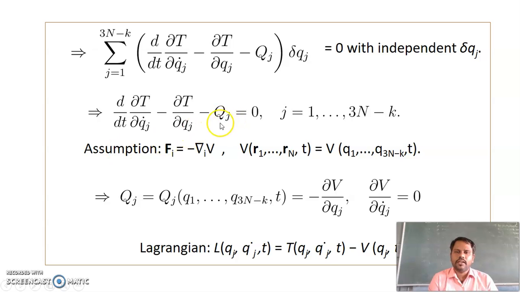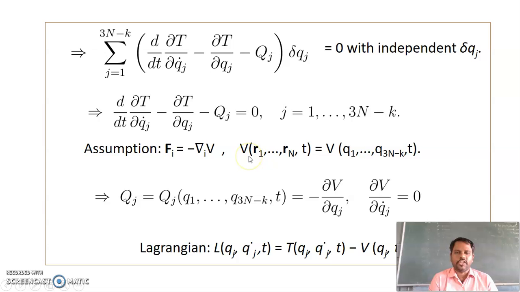Now we know that Qj is a generalized force. If generalized force is a conservative force, then using potential we can arrive at generalized force using Fi is equal to minus delta V. That is, by potential you can derive force.